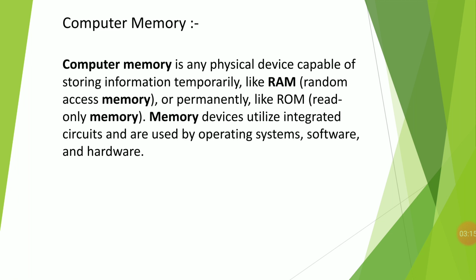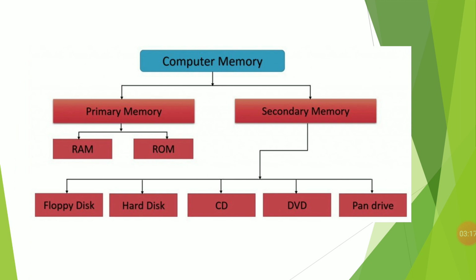Computer memory is classified into two different parts. First one is primary memory, second one is secondary memory. If we discuss primary memory, it is the main memory of a computer. It is also called internal memory.